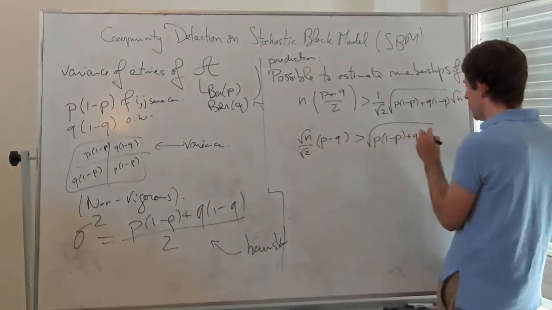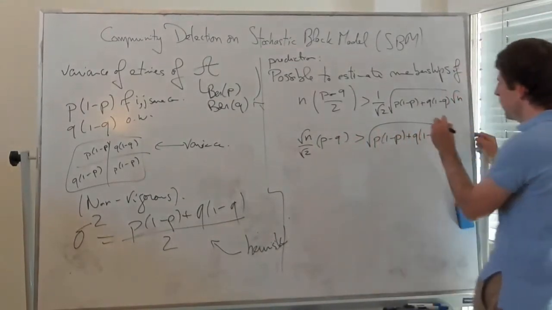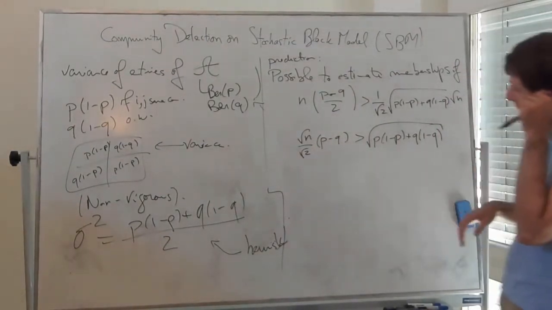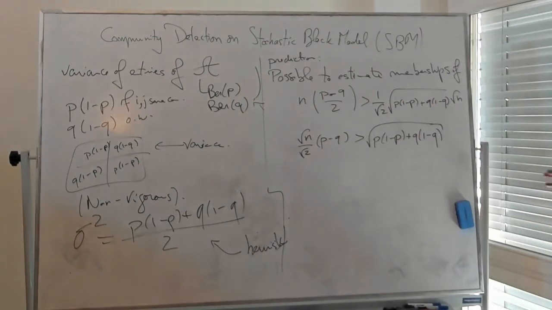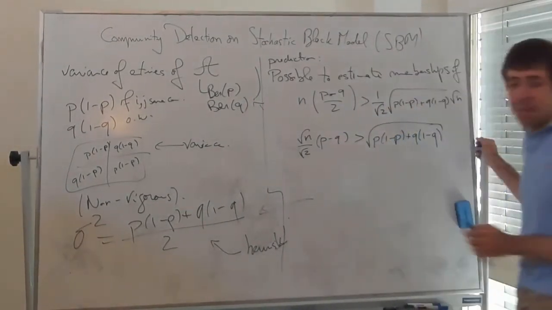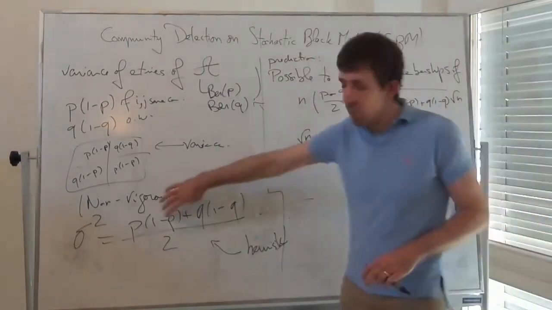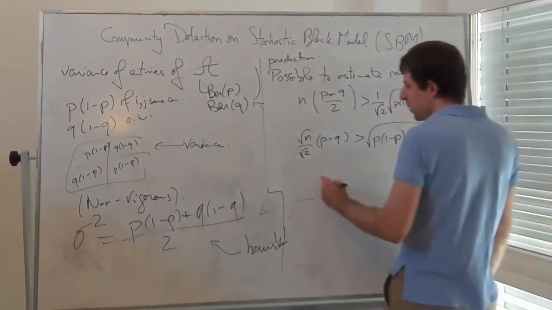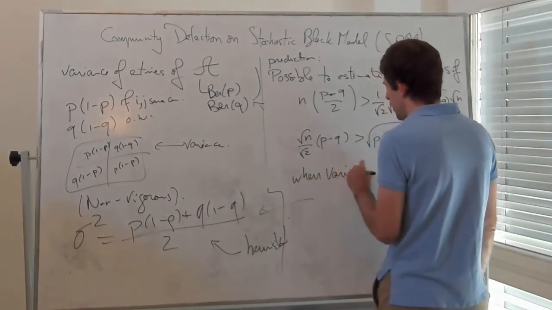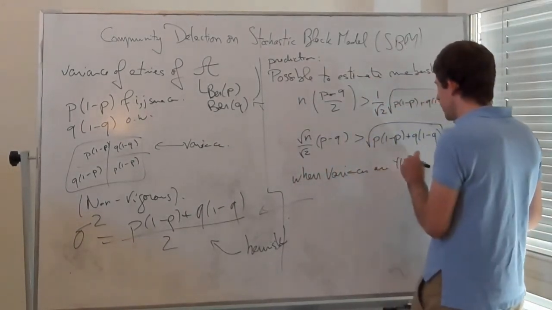Okay, so let's now test this prediction, or let's now see what this would give in some cases. It turns out the cases where this heuristic is the most precise is when these numbers are actually the same. Let's look at the case when variances are the same.